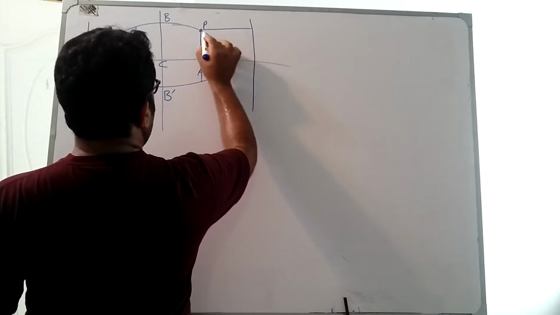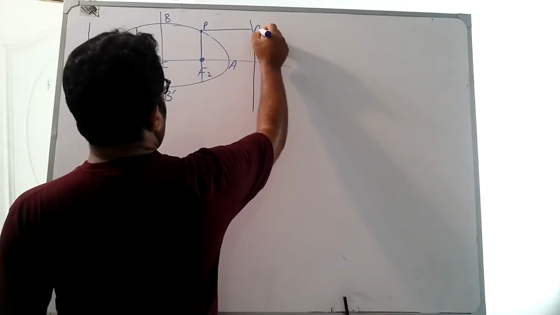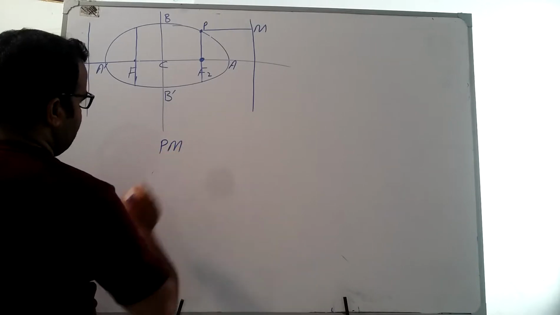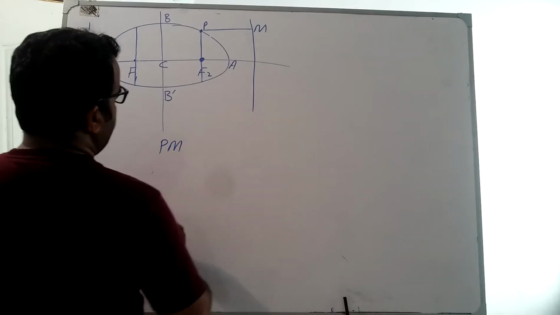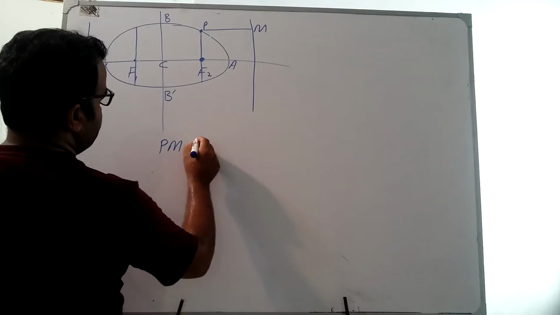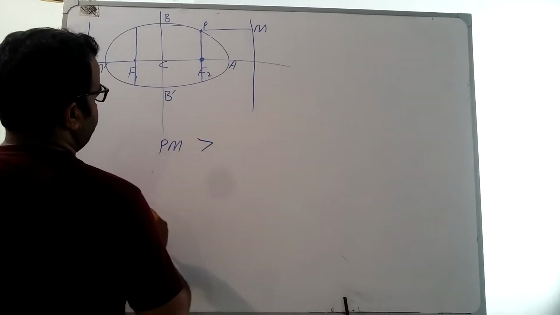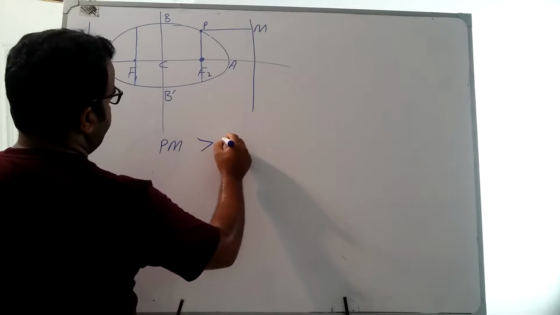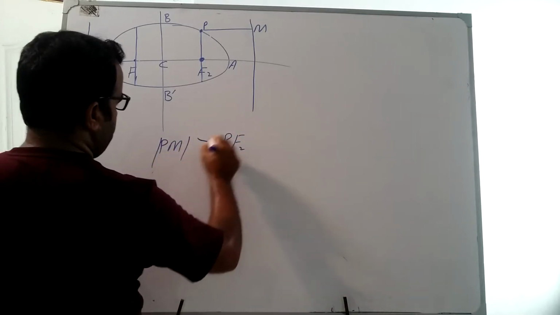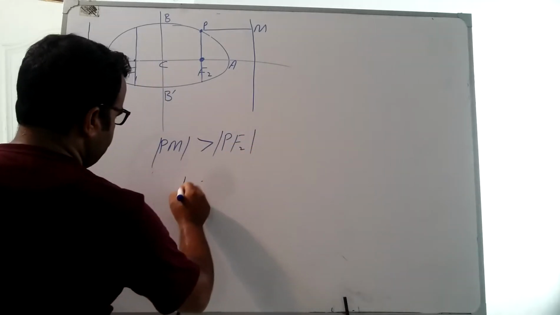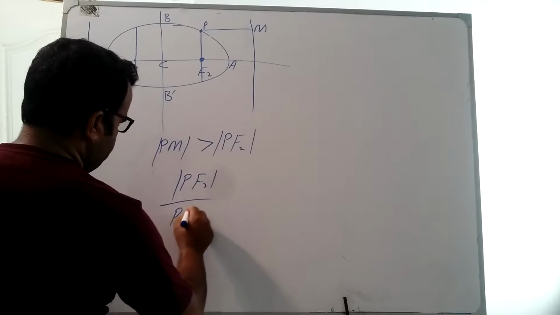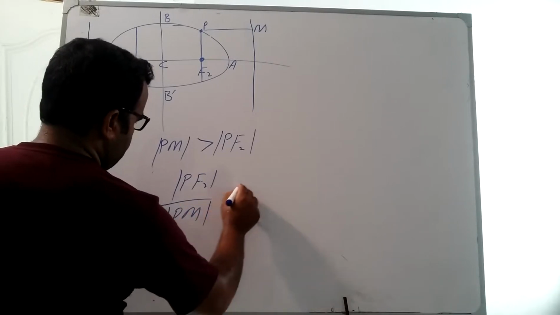In the length ratio, the length of PM is always greater than PF2, which means that PF2 over PM is less than 1.